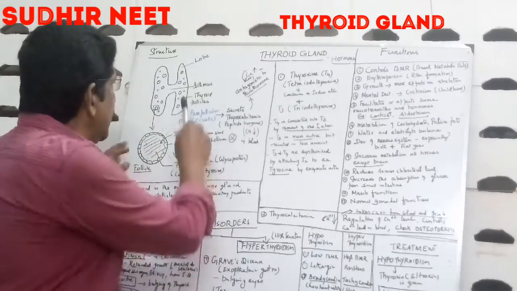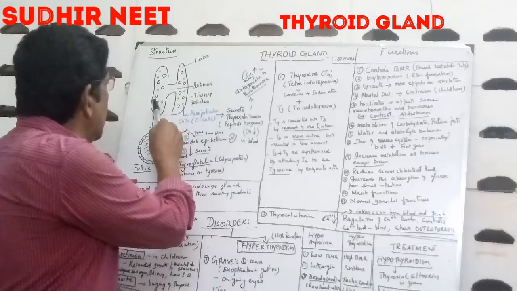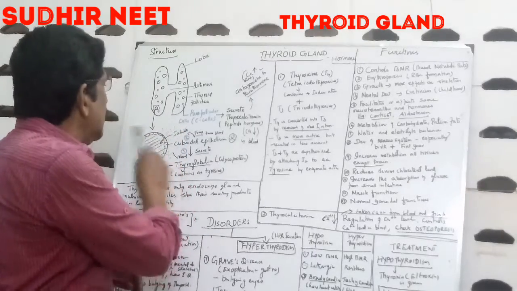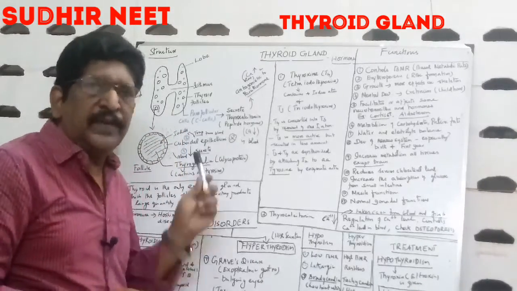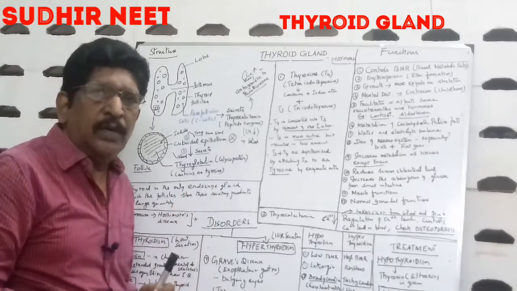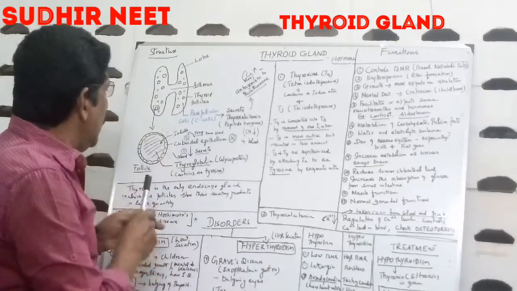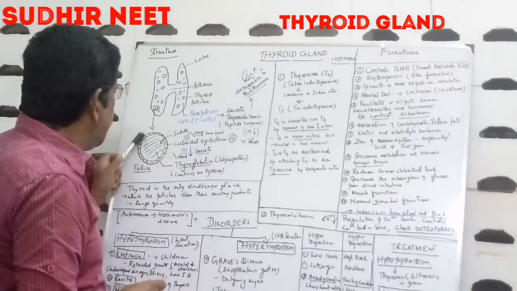So if you take the structure of the follicle, the thyroid follicle, it is very important from the NEET point of view. If you take one thyroid follicle, let us see the structures.